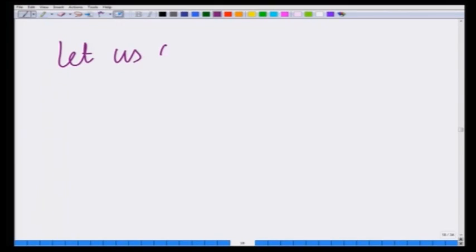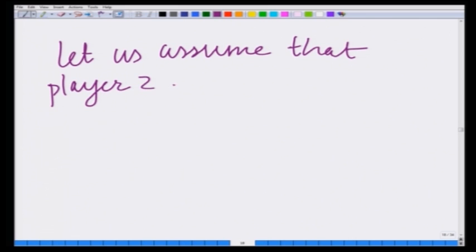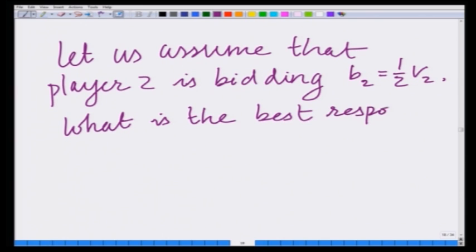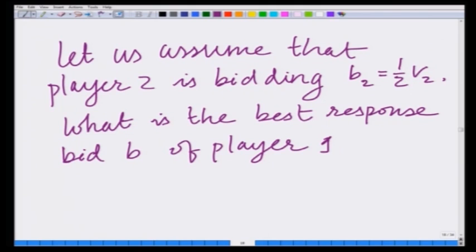So, let us assume that player 2 is bidding B2 equals half V2, and let us ask the question, what is the best response bid B of player 1?